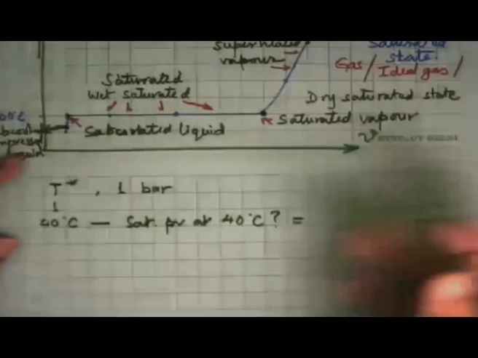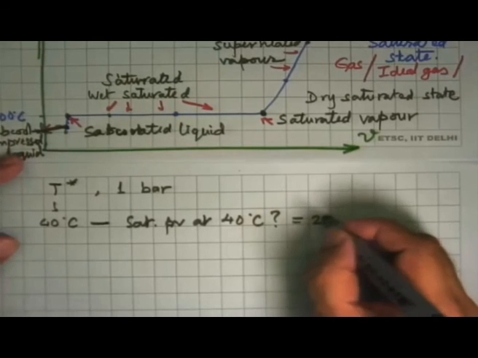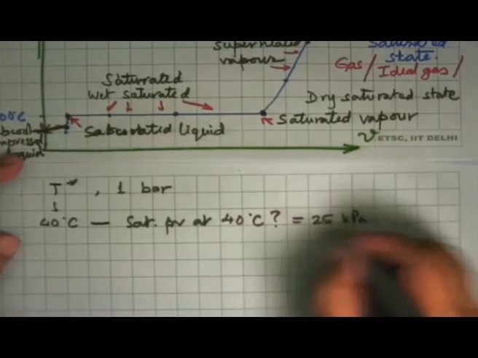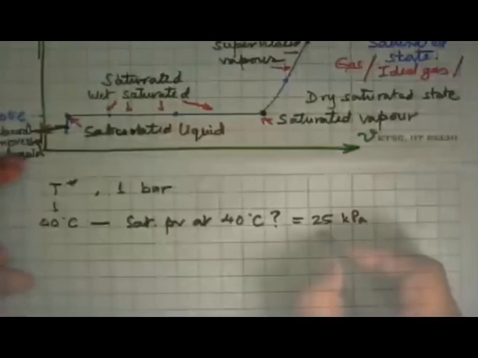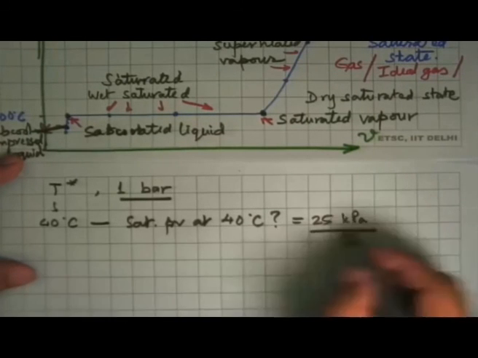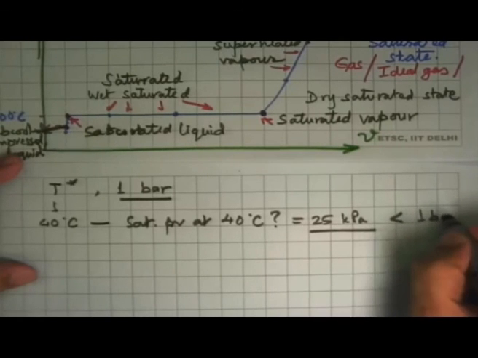And you look up the tables, and this, my guess, is of the order of about 20-25 kilopascal. I'm just putting a number there. It's of that order. This is not the exact number. Now we compare this and this. This is less than the actual pressure at which it is.